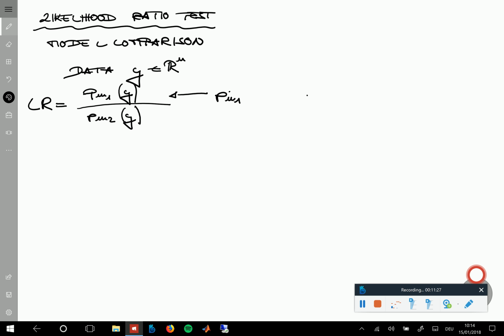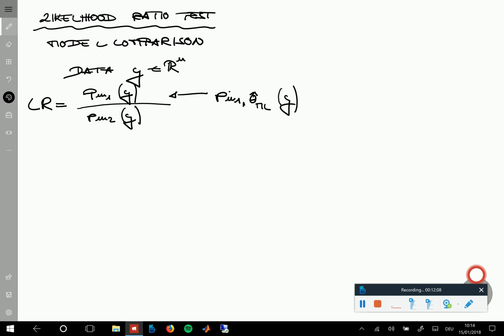So if you have a parameter vector, this has already been estimated, for example, using maximum likelihood. So these probabilities of data under a model are always under the assumption that the probability for each model itself has already been maximized, so that you're trying to get the highest value of the probability of the data under a model before you actually compare them.